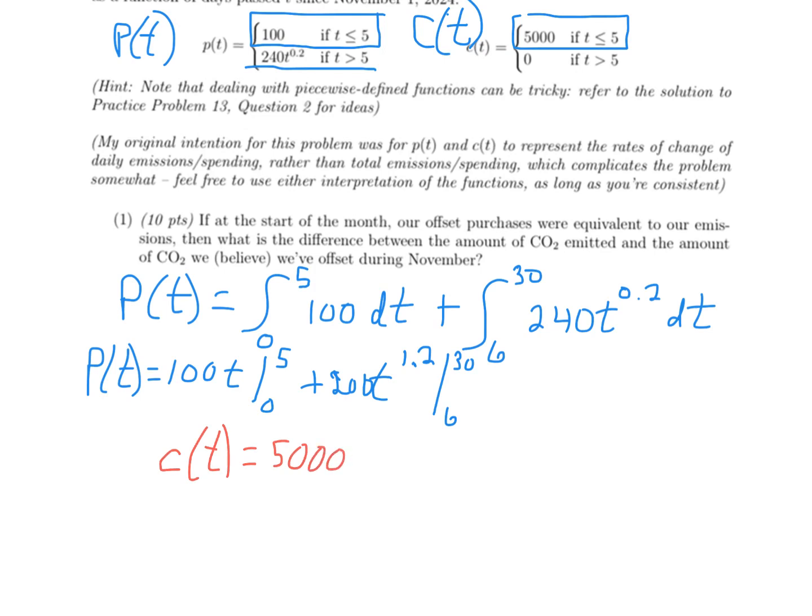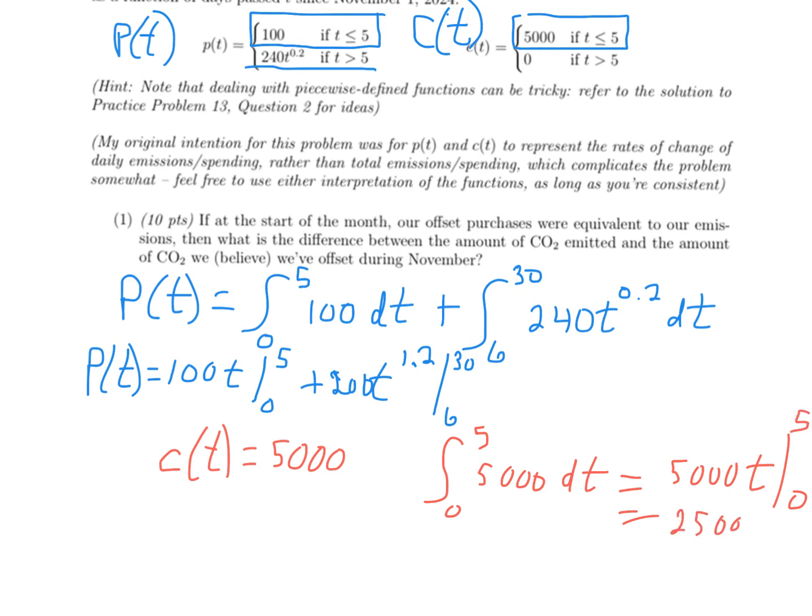We don't have to worry about the 0. And so if we integrate that with respect to T from 0 to 5 days, because after that it's just 0 if T is greater than 5, then that gives us 5,000 T, and if we evaluate that over 5 to 0, it'll give us 25,000.